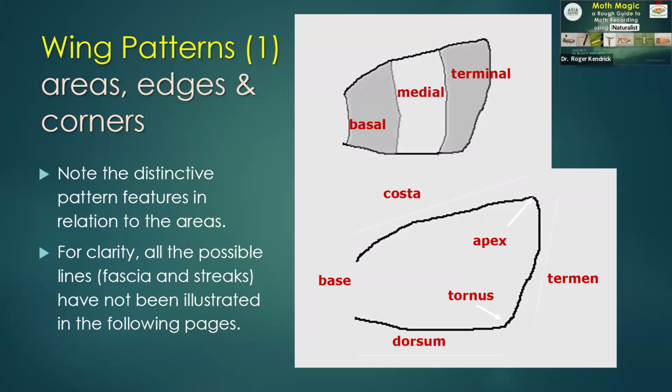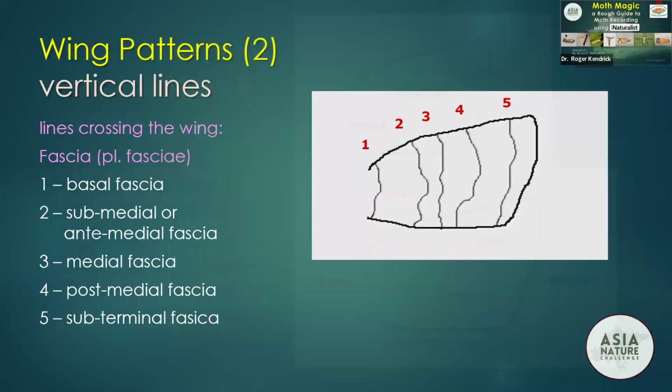Now, in the following couple of slides, not all of the potential marks are illustrated. I'm just using some examples. So here we have vertical lines across the wing. From the base to the termen, basically you have a basal, a submedial, medial being the middle bit, remember? The medial, right in the middle, postmedial, post being beyond the middle.